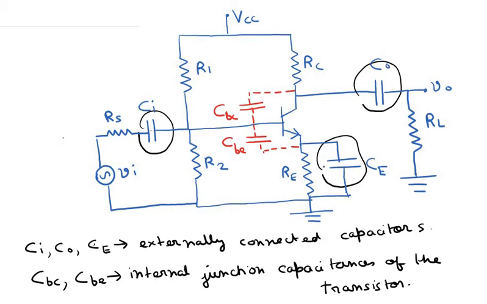Okay, so first of all I would like to say one thing, that this gain which we calculate assuming that Ci, Ce and C0 is basically known as the mid-band gain.